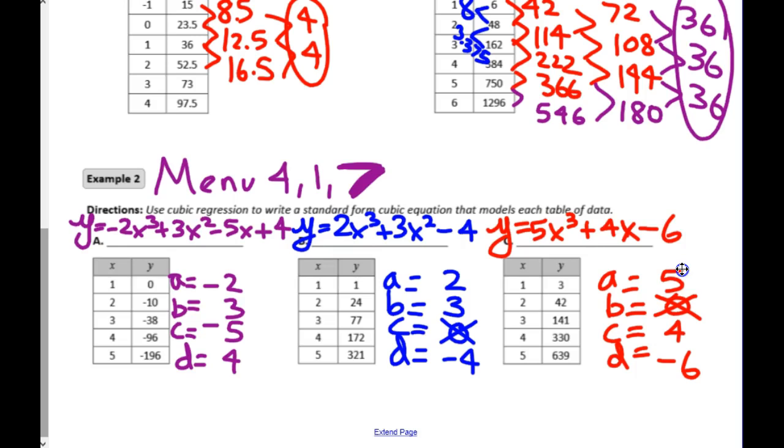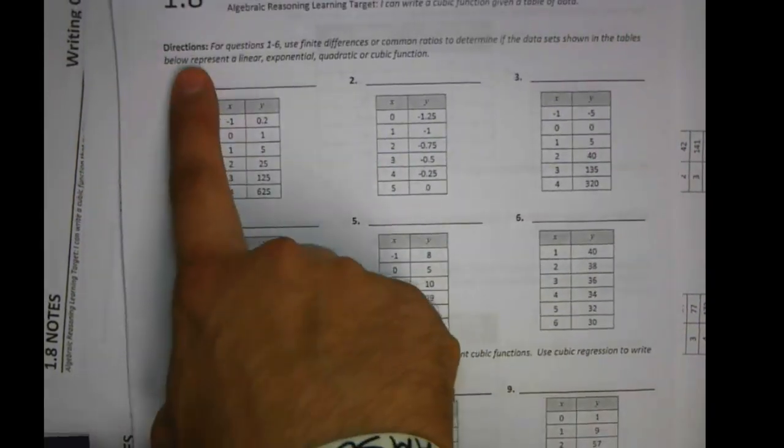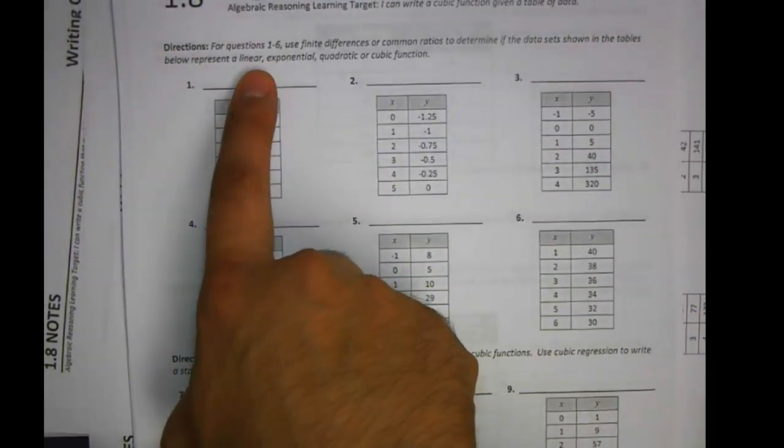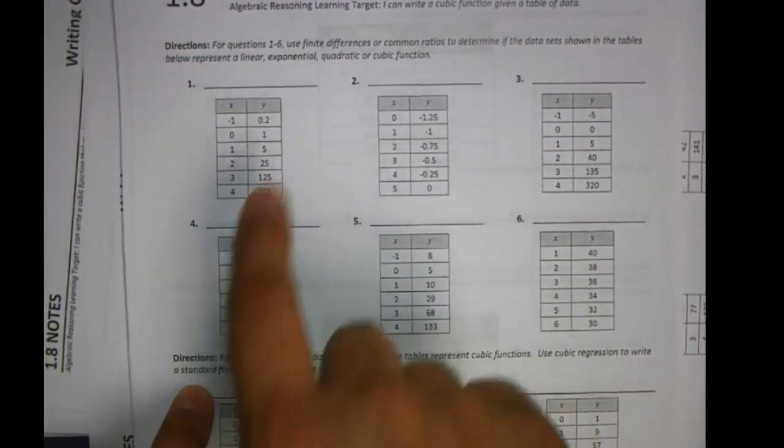So, check it out. All right, so real quick. On 1 through 6, it tells you, just like the first part of our notes, is it linear, exponential, quadratic, or cubic? Show me the differences and the ratios on the side, okay?